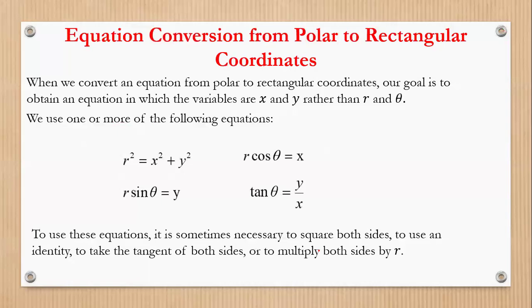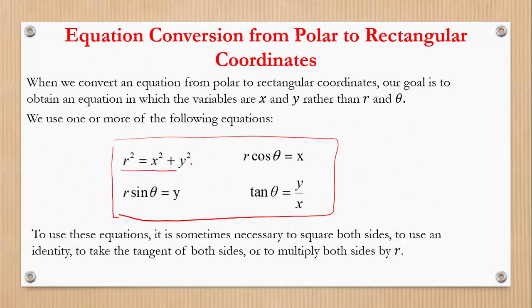Now, if we want to convert from polar to rectangular, we're going to use the other formulas. We actually need to know all of them, but we need to know which one works better in our case. So let's see what happens. As I said, for this case, you may sometimes need to square both sides, because if you want to use this formula, you need r squared.